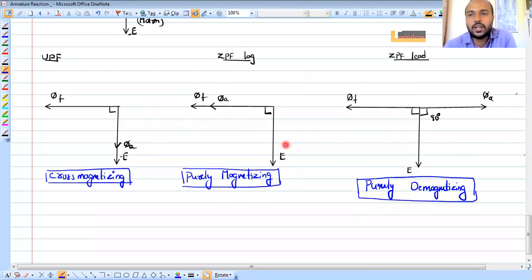In the case of motor, in case of 0.8 lagging, you need to answer for this. Can anybody answer for this? In case of 0.8 lagging, what is the effect of armature reaction for motor?